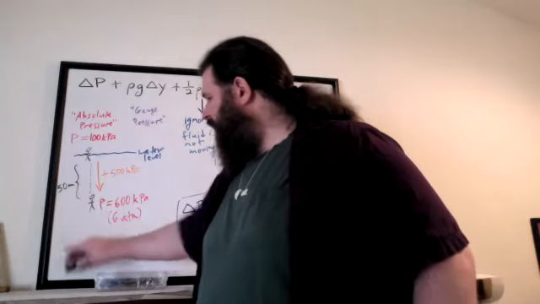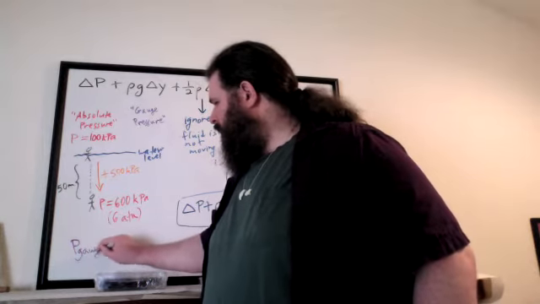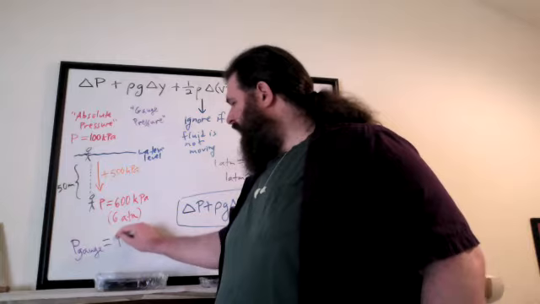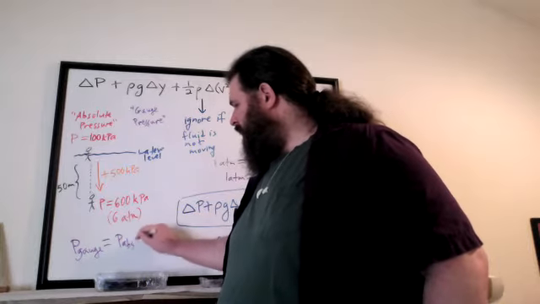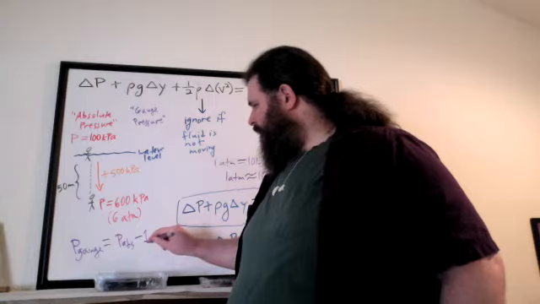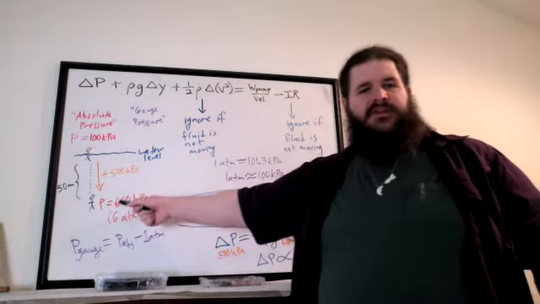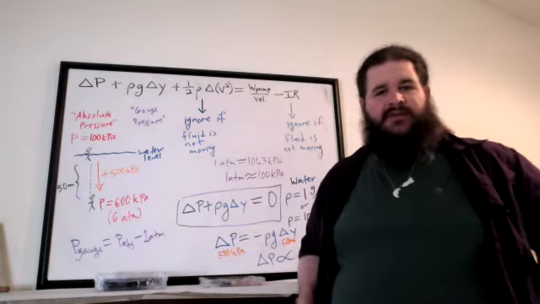So gauge pressure is the difference between absolute pressure and atmospheric pressure. So at this point, for instance, how different is the actual pressure from atmospheric pressure?